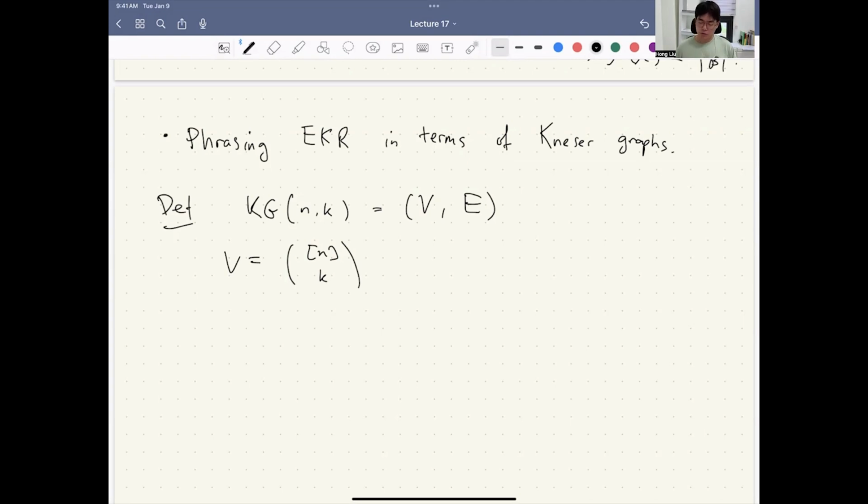Two vertices, two k-sets in [n], are adjacent in the Kneser graph if and only if they are disjoint.